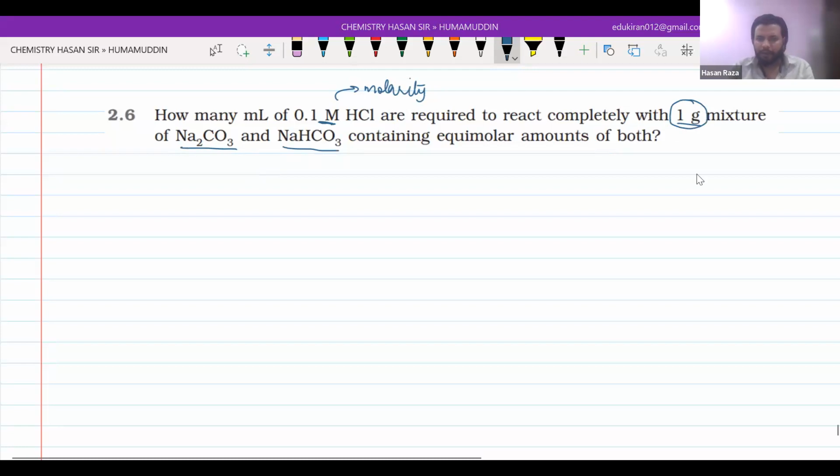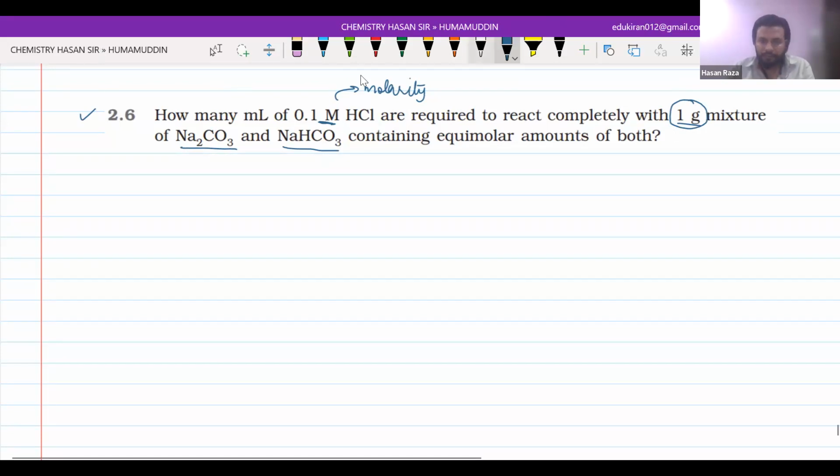Humamuddin, were you able to solve this question 2.6 or you haven't attempted this? One minute, sir. Let me check. No, you haven't done this. So please concentrate. Okay, got it. I got your solution.